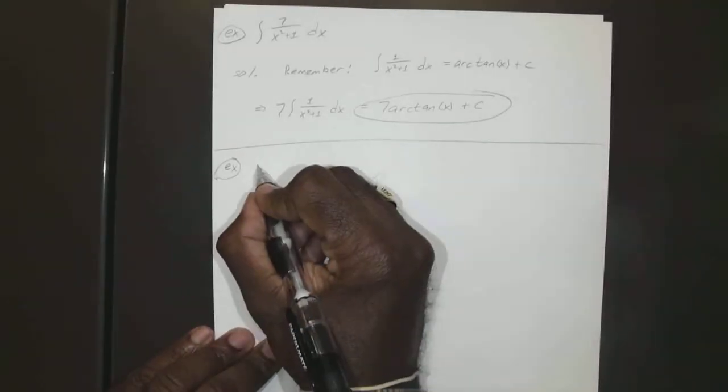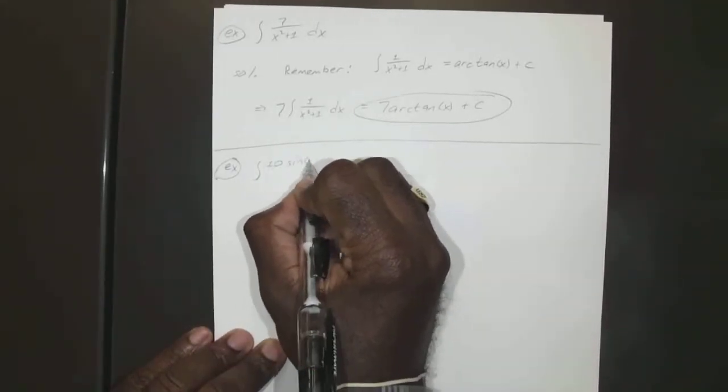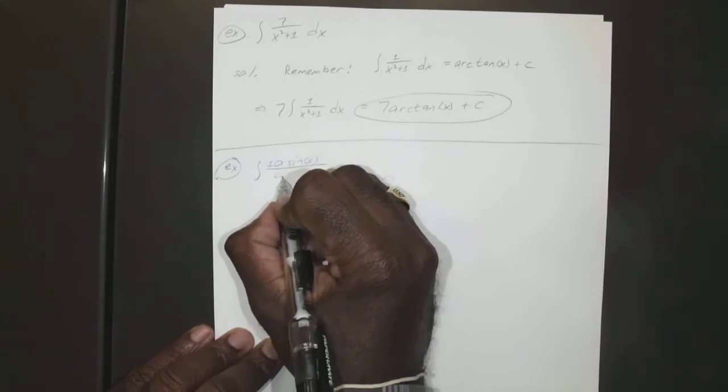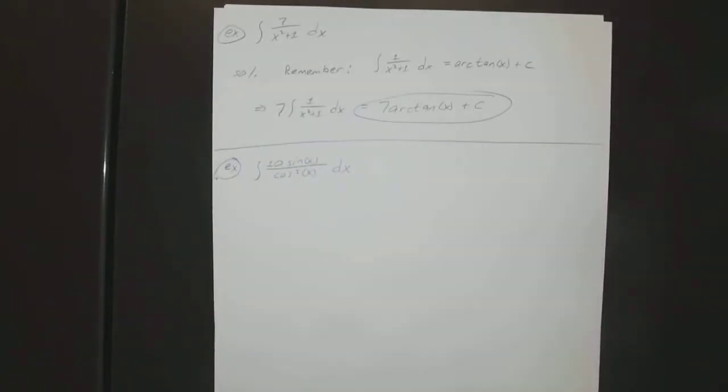All right, so what if we wanted to integrate 10 times sine of x over cosine squared of x with respect to x? Take the 10 out.